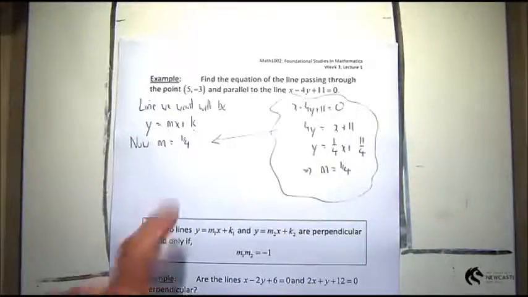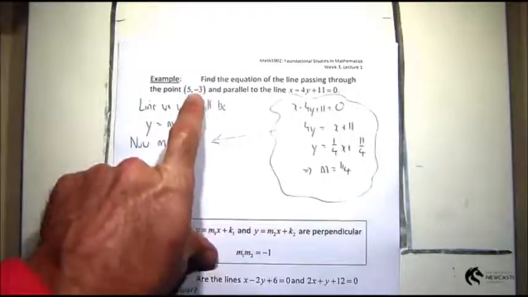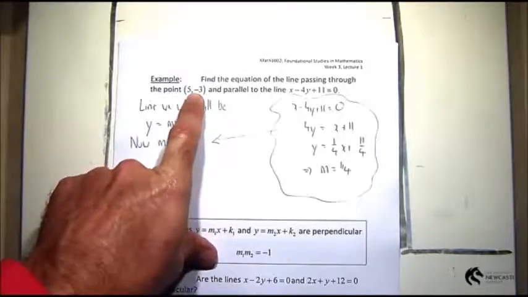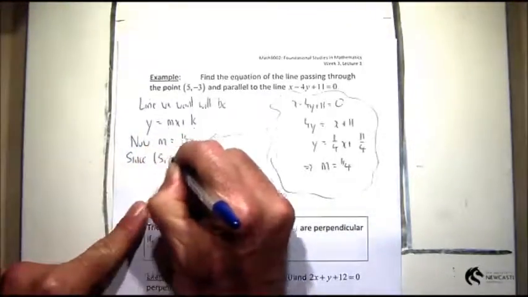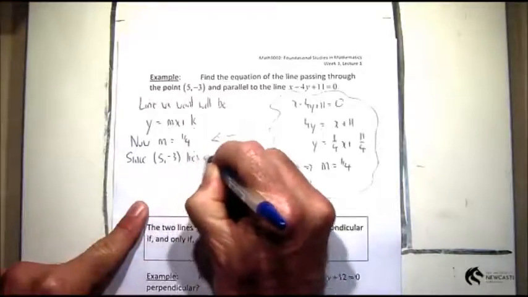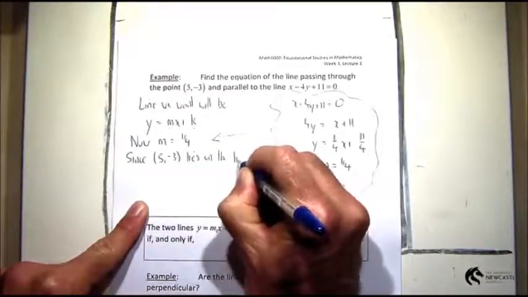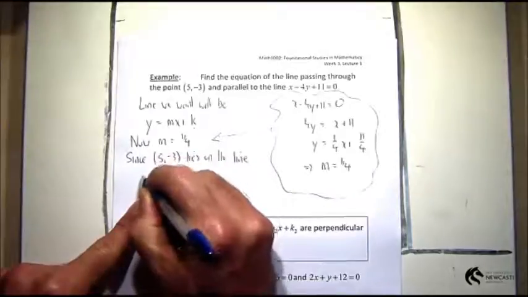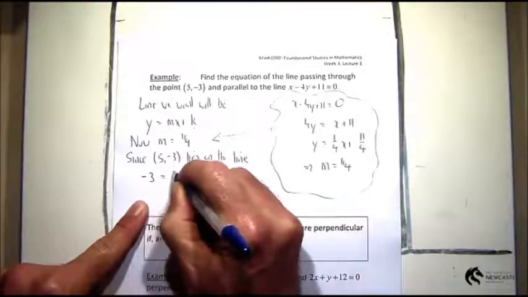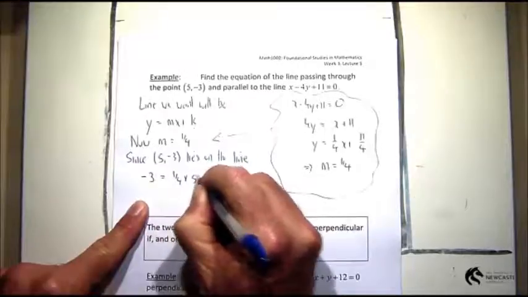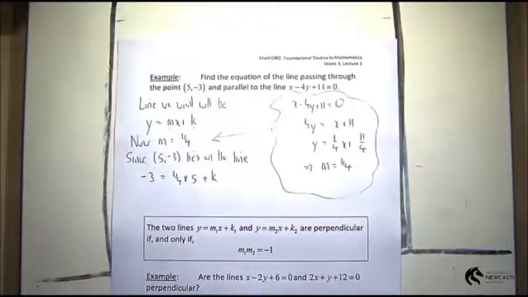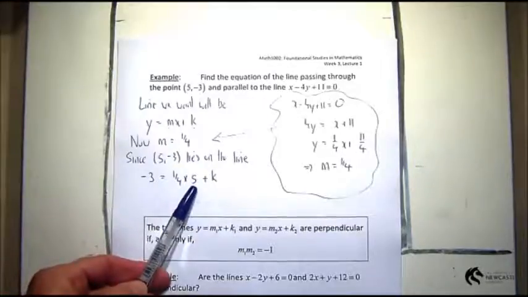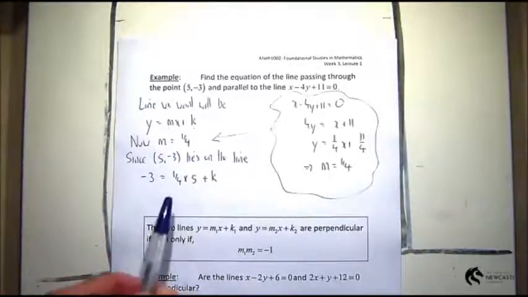So all I have to do now is find k, and to find k I use the fact that the point 5, minus 3 lies on the line. So since 5, minus 3 lies on the line, I have when x is 5, y is minus 3. So here that's 5 quarters.